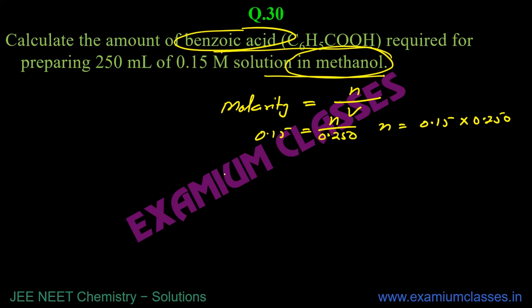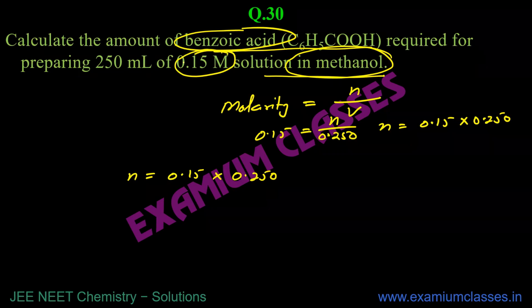Once you get the number of moles, you can convert it to mass. I got n equals 0.15 into 0.250. This is the molarity given of benzoic acid, so you will convert this to mass.